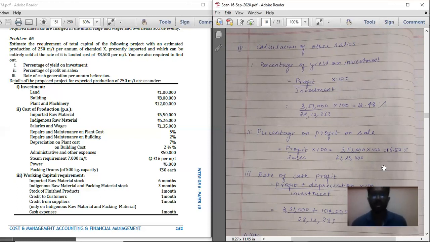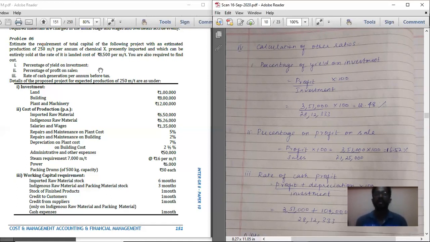So first, statement number 4: calculation of required ratios. Below that, small Roman number 1, percentage of yield on investment.